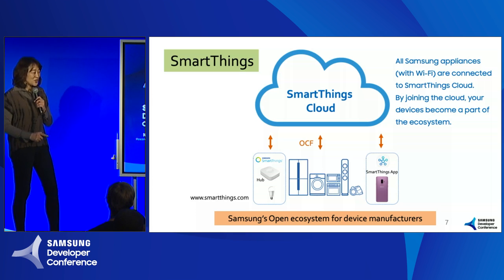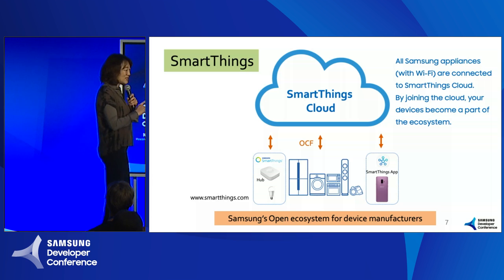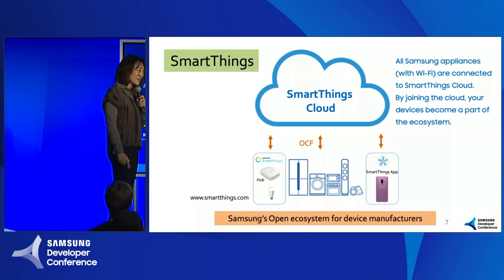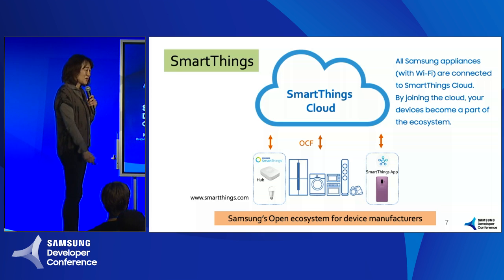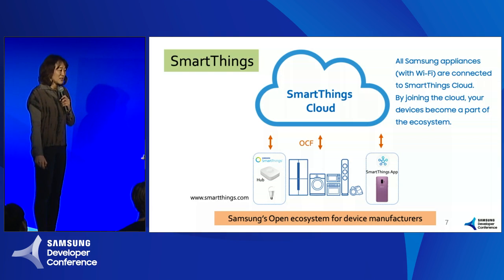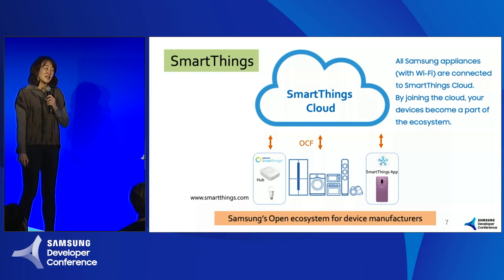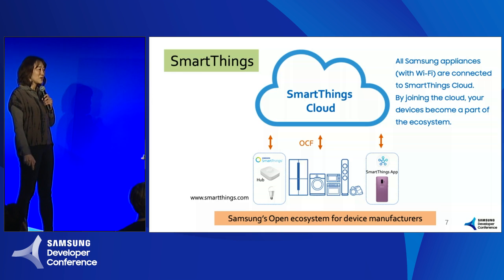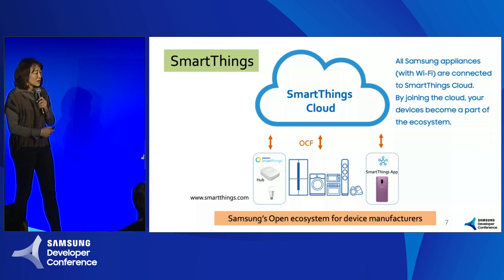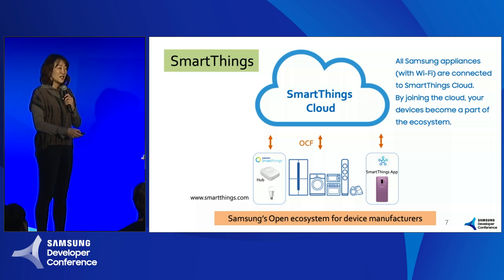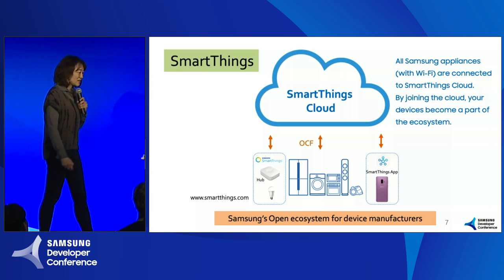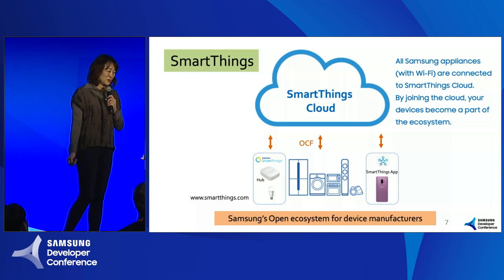I just want to make sure that you see that all Samsung appliances with Wi-Fi are already connected to SmartThings, and by joining, you can also be part of this bigger ecosystem. And it's not just appliances, but also many third-party things that are already connected to SmartThings. You can check out smartthings.com to see the entire list of things that are supported.